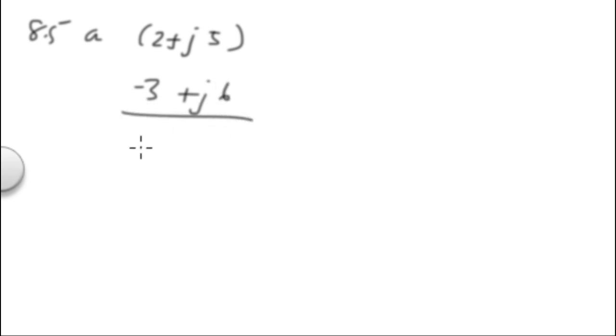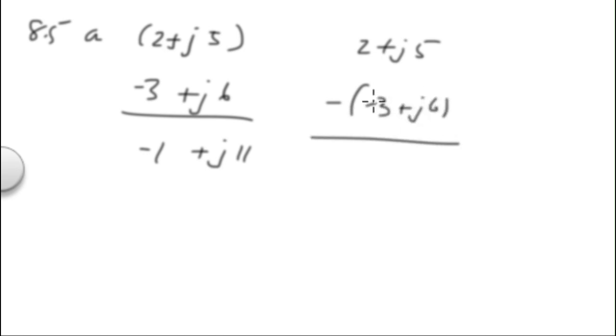So the answer here is minus 1 plus j11. You add straight down. It says then subtract. So 2 plus j5 minus a minus 3 plus j6. So it's 2 minus a minus 3, or 5. j5 minus j6 is minus j1.